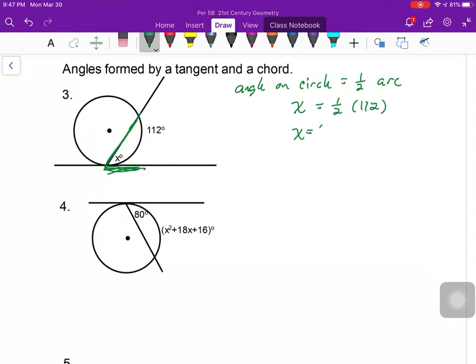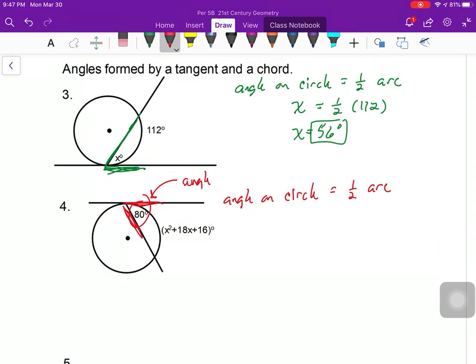Well, sorry about that. Next one. The angle is on the circle. It will equal half the arc.